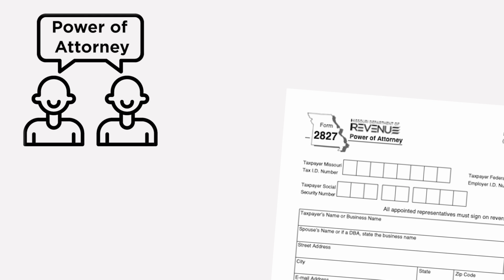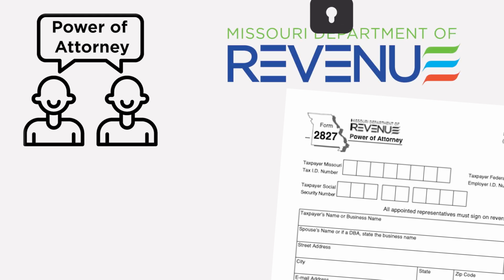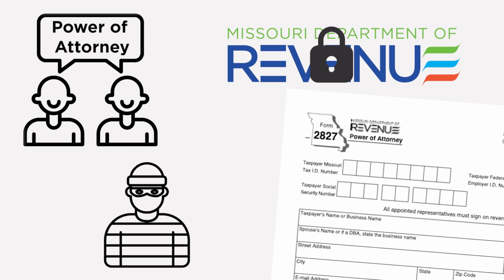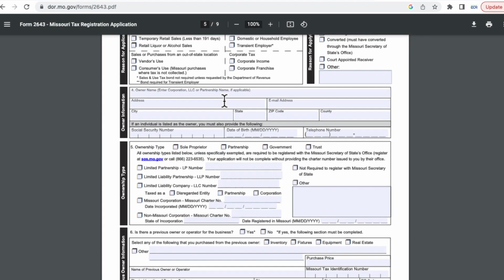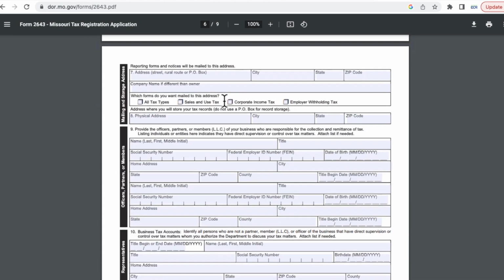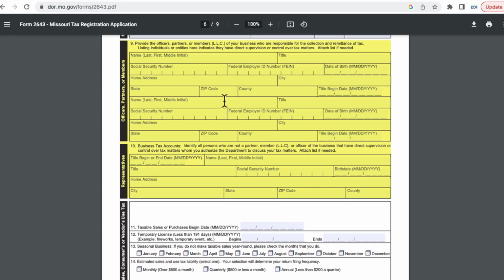The Department of Revenue is bound by confidentiality laws, which prevent the disclosure of specific account information to non-authorized individuals. These laws are in place to protect your accounts and prevent bad actors from being able to gain information about your individual or business taxes. For a business, authorized individuals are determined at the time of registration in the Officers and Authorized Representatives section of Form 2643.